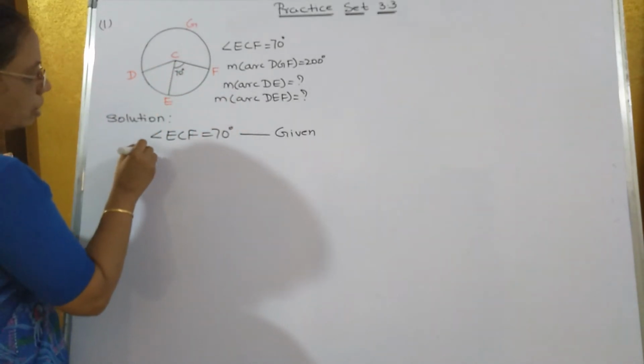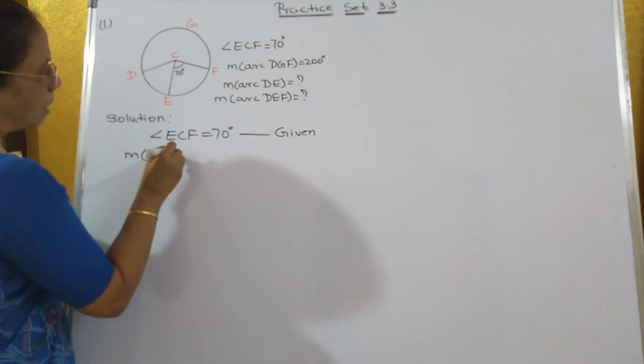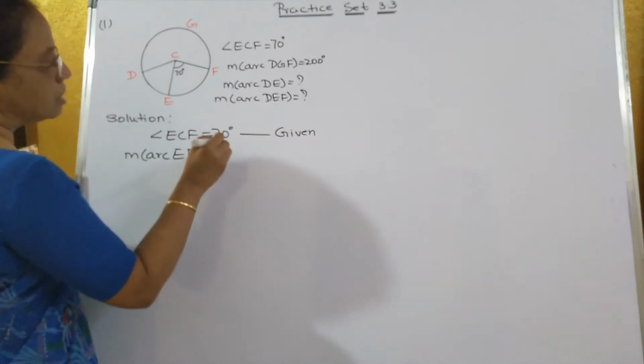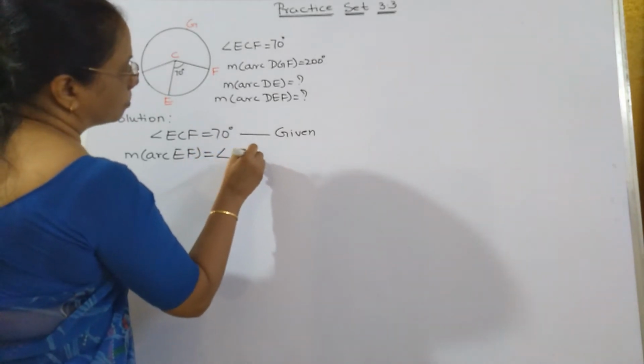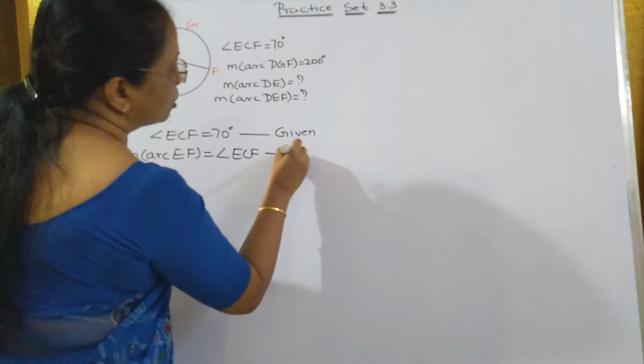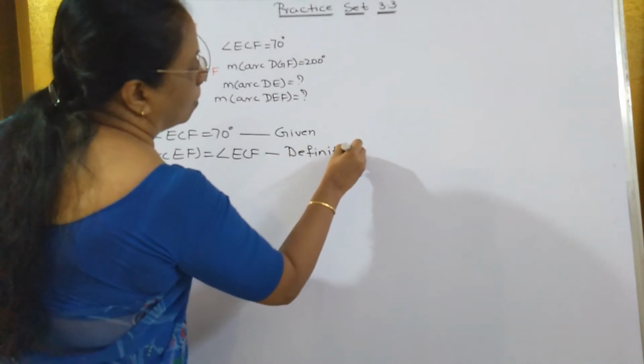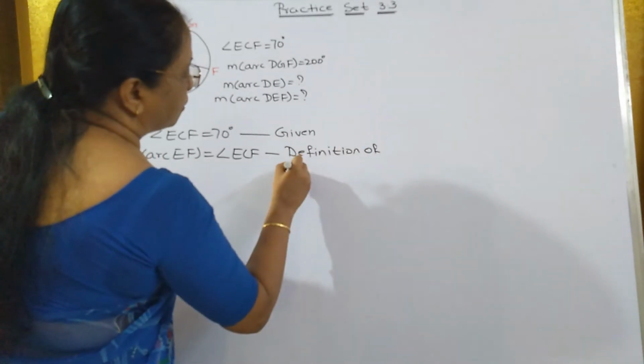So measure of arc EF is equal to angle ECF. Reason what you'll write: definition of minor arc.